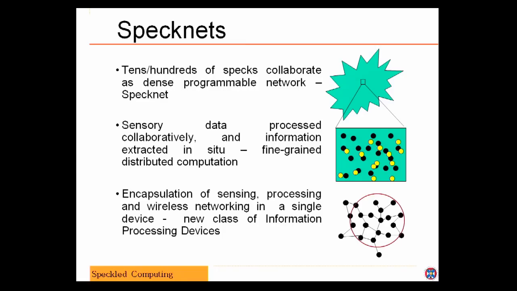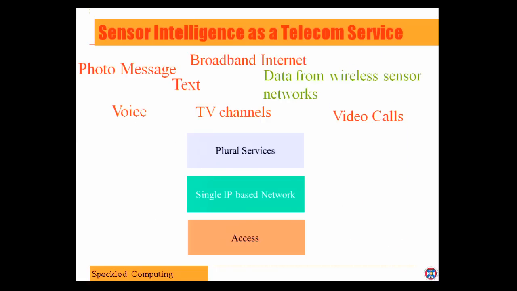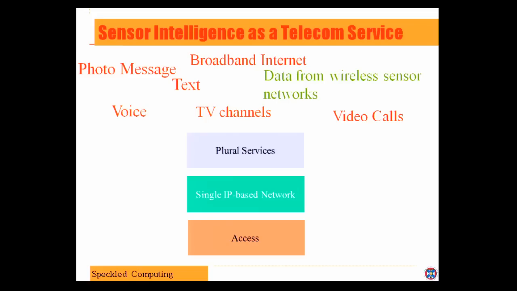And also, they need to be self-powered. They don't have a plug in the wall. So you have these small batteries, and you need to power them off these batteries. So the challenges are many. The vision is that just as you have different telecom services you might be familiar with, for instance, broadband internet or video calls or TV channels these days, in the future you would get data from these sensor networks that are shared with people.